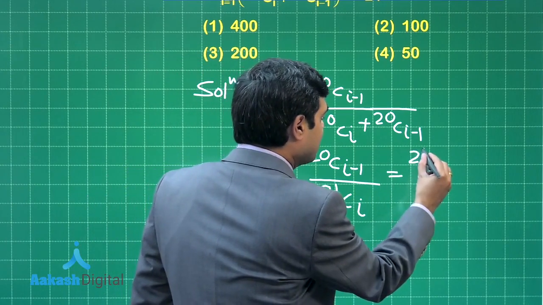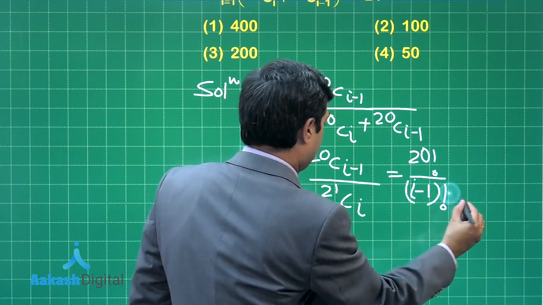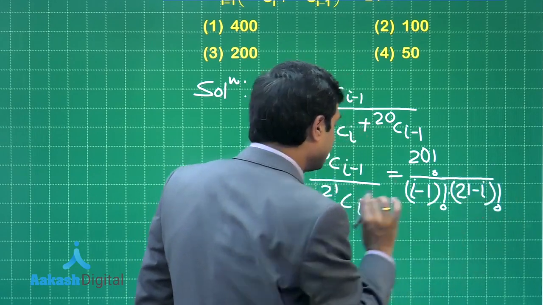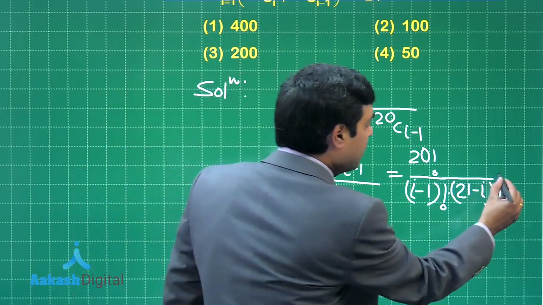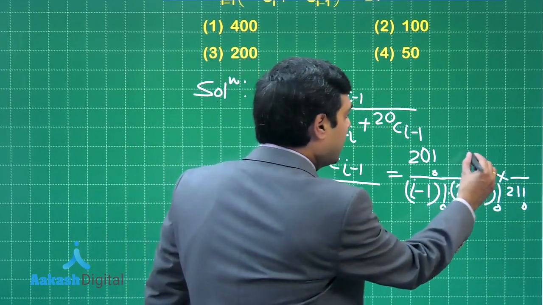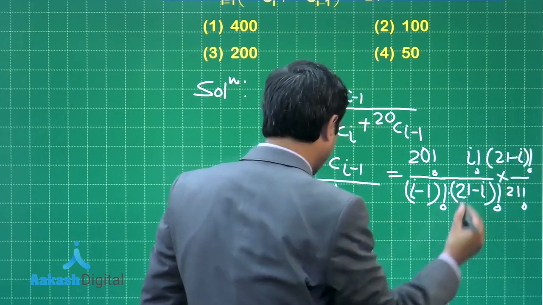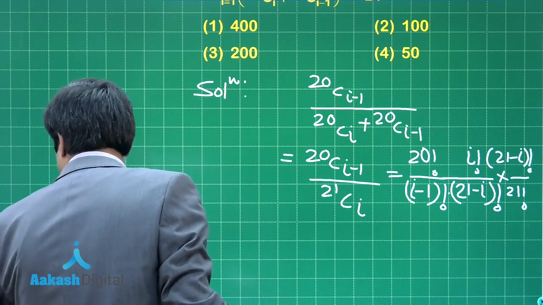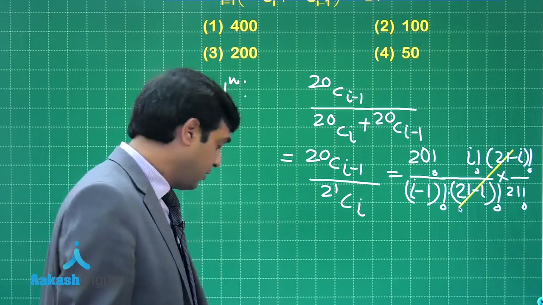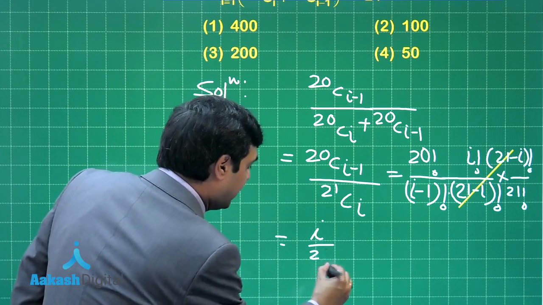Expand to simplify, that is 20!/((i-1)!(21-i)!) from the numerator part, and the denominator gives you 21!/(i!(21-i)!). So, here we can see the terms cancel with each other, that is (21-i)! is cancelled in numerator and denominator, correct. Now, moving ahead, this is equal to i/21.